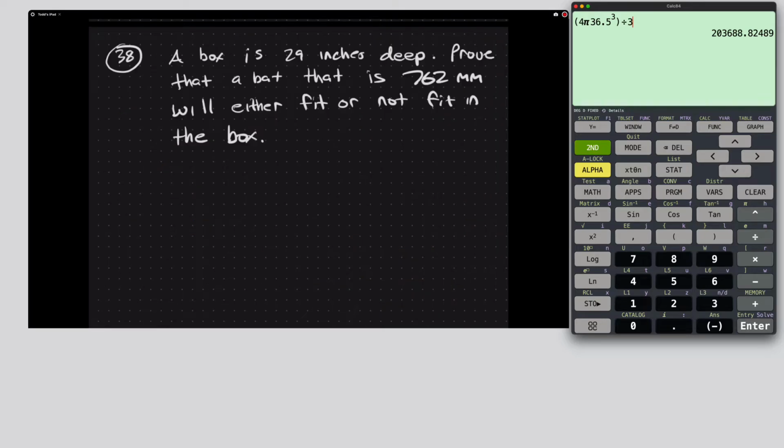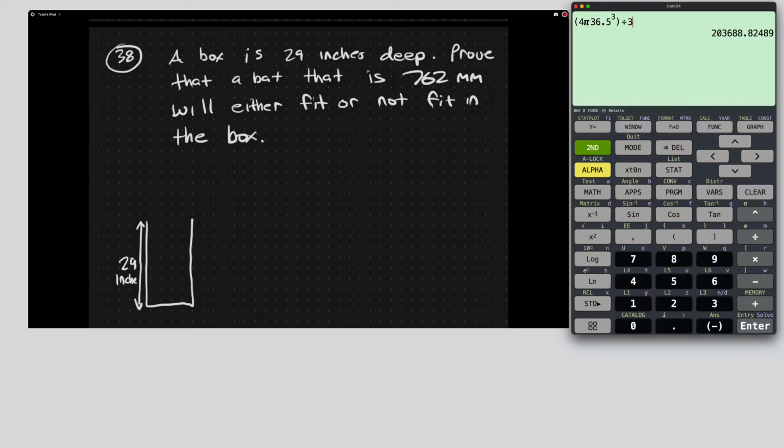Okay, I'm going to jump back to question number 38. And what does it say? A box is 29 inches deep. So basically we have this box right here, and it is 29 inches deep, which means from the top down, that is 29 inches.